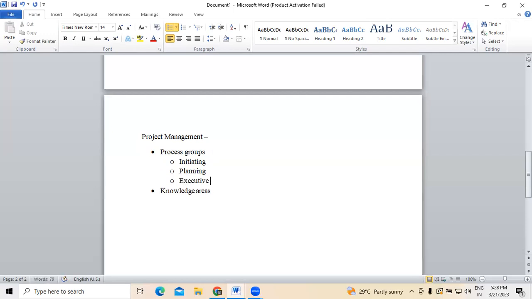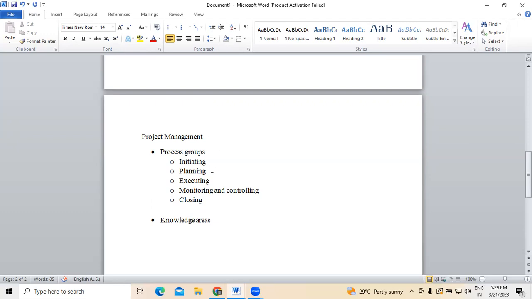Third stage is called executing. Fourth stage is called monitoring and controlling. And last is closing. So these come under process groups as far as project management is concerned.